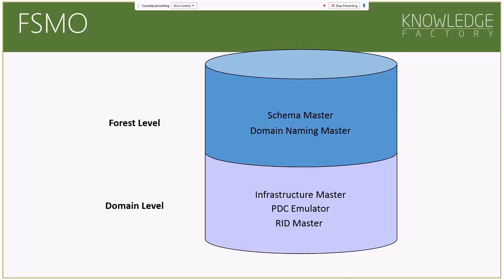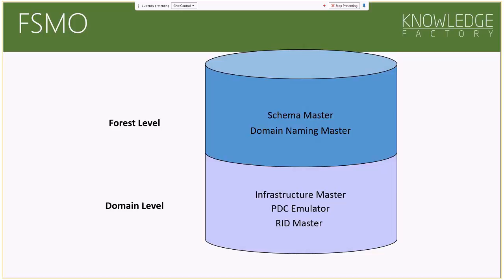Domain naming master. When a new domain is added, the partitions container of the configuration naming context will be modified. This process is managed by the domain naming master. So the domain controller that has the domain naming master role is the only domain controller that can do the following: 1, add new domains or application partitions to the forest. 2, remove existing domains or application partitions from the forest.